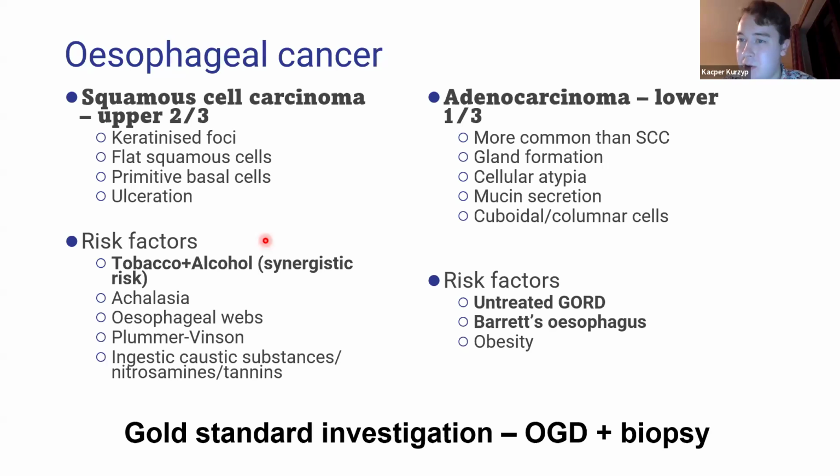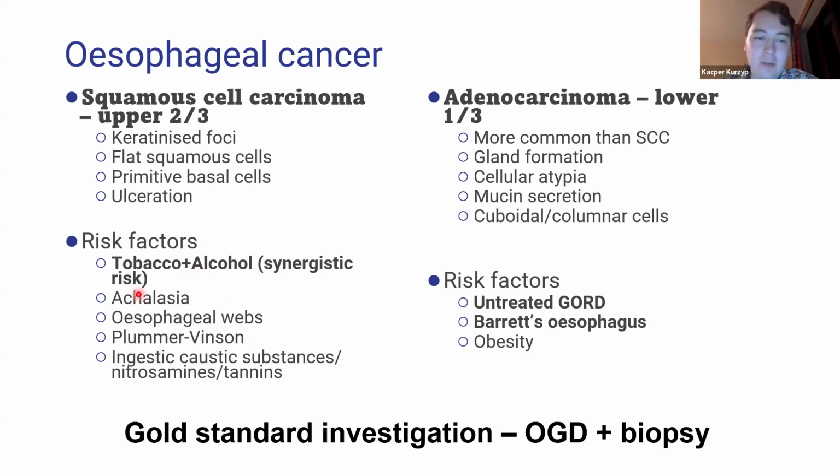Now the key risk factors for squamous cell carcinoma are smoking, number one, and drinking alcohol, number two, but of note, together they are synergistic, so the risk of doing both of those things is higher than the sum of the individual.